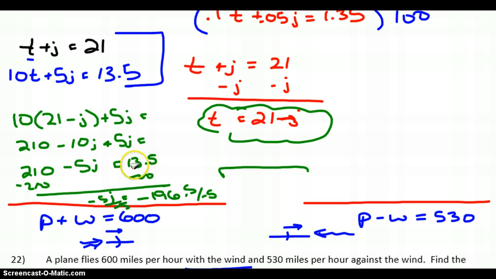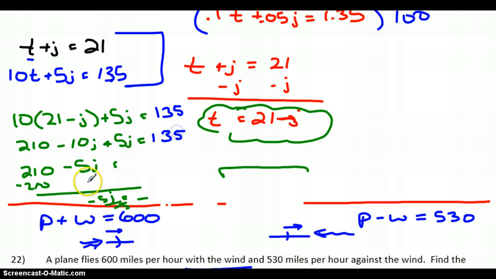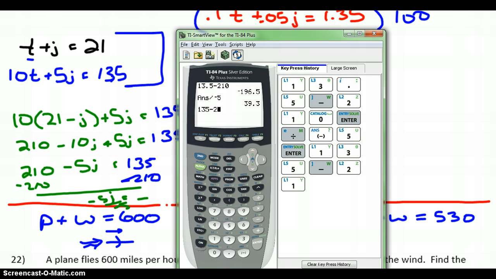Okay, so I gotta fix it because I noticed that I incorrectly multiplied by 100 up here. When I did my 100 right here, this was supposed to be 135.0. That's 135. That makes a little more sense. Now I'm supposed to be equal to 135 right here. When I take 135 and subtract 210, we're going to get a little better result. 135 minus 210, negative 75.